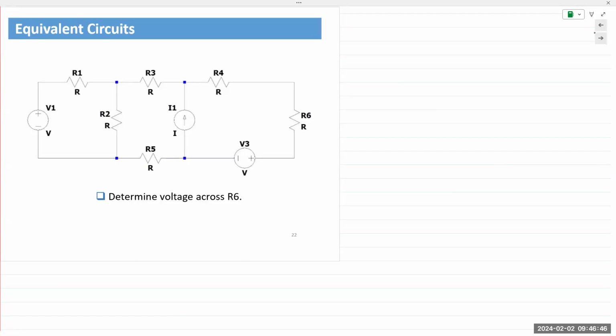Let's say part of your duty for a project is to design a circuit or find the value of a component. You're asked to find the most optimum value for a resistor R6 in this example, and the voltage across R6.